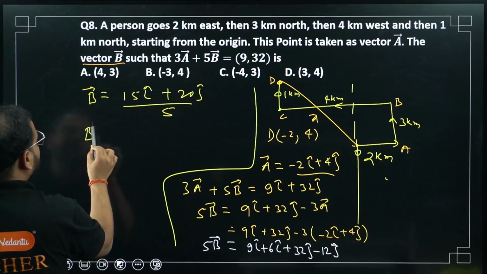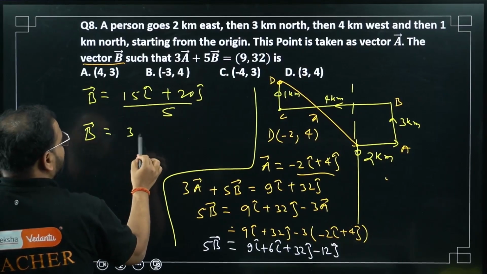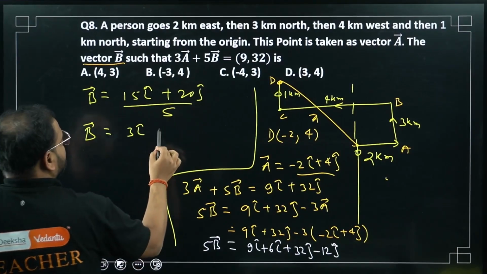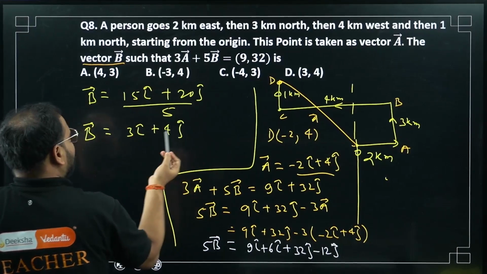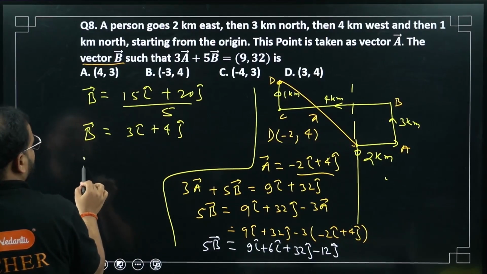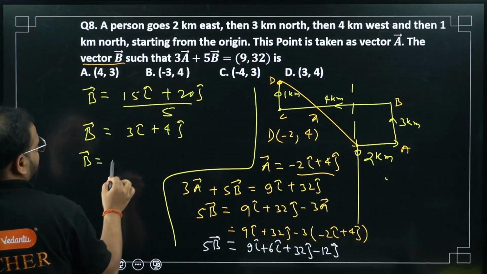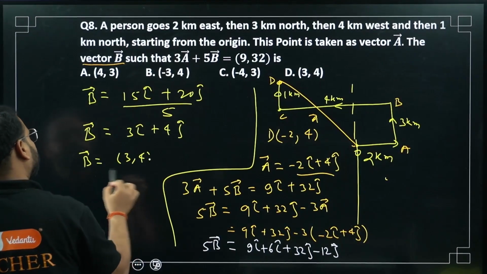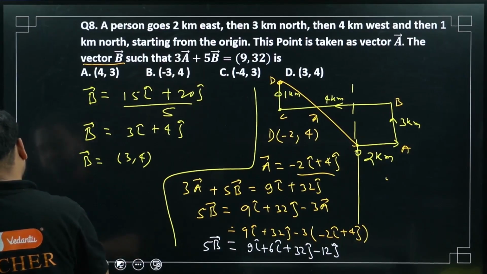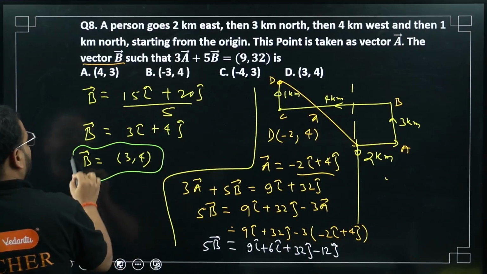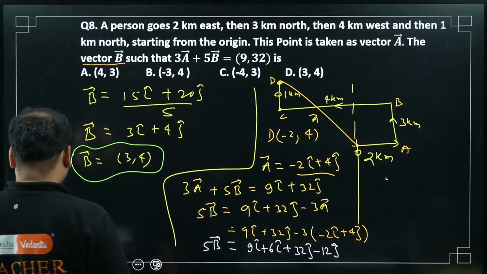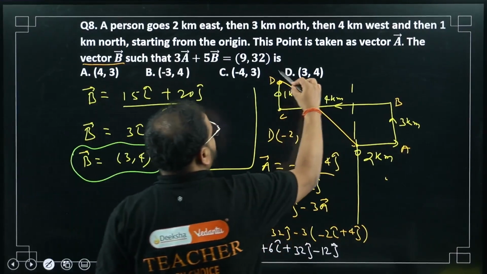So vector b equals simply 3i cap, and 20 by 5 is how much? 4j cap. Right? If you write in the form of coordinates, vector b will be equal to 3, 4. My final answer is 3, 4. Option number D, sir.